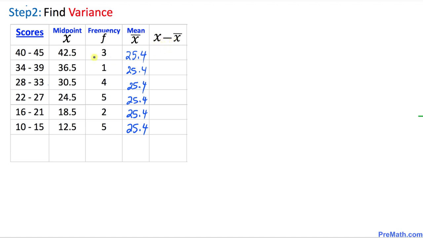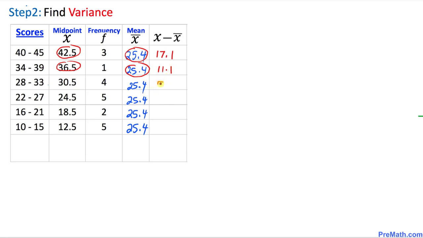And now in the next column, we are going to find the difference between x and x bar. x minus x bar. Let's go ahead and do this one. This is our x value and this is our x bar. We're going to subtract this one. It is going to give us 17.1, and if we subtract this minus this value, that is going to give us 11.1.